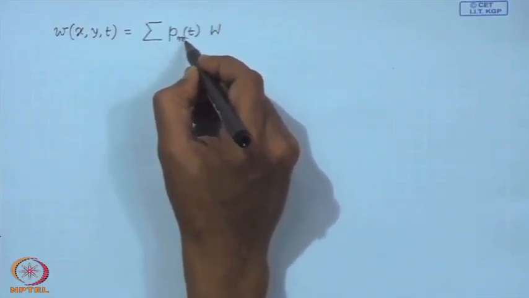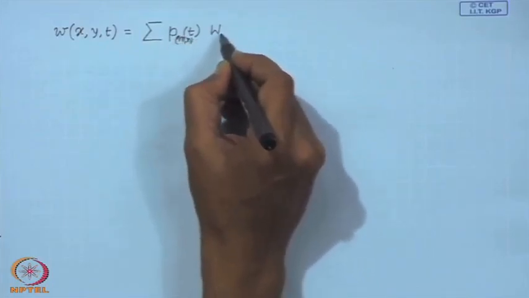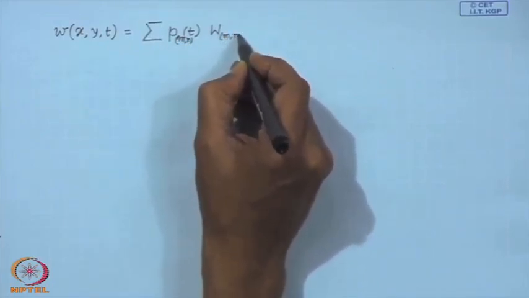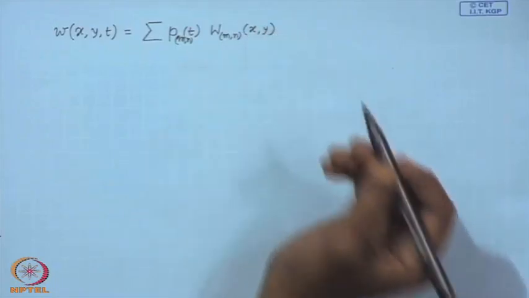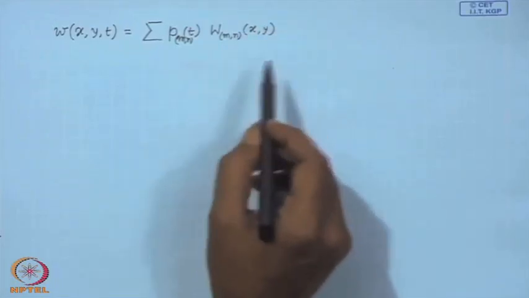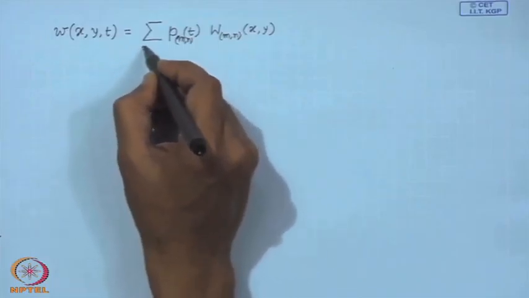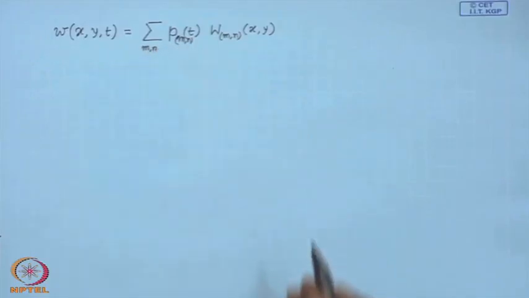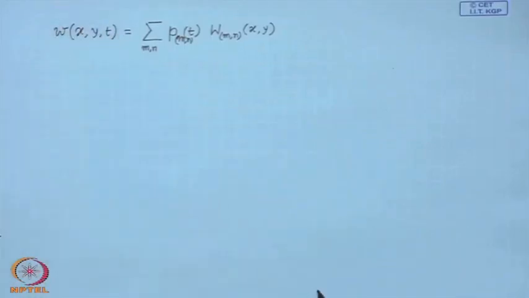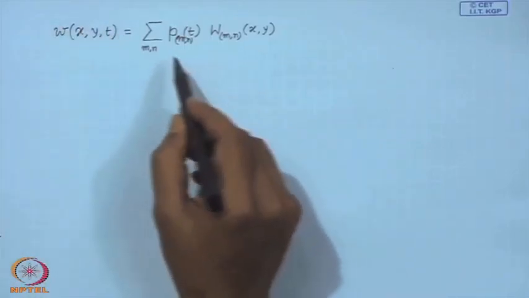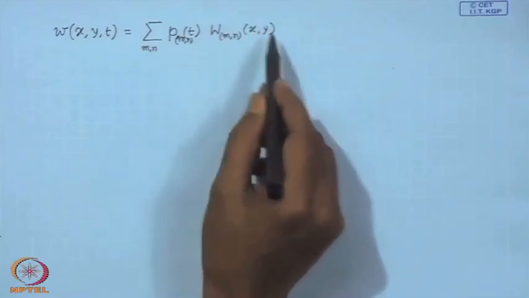There will of course be 2 indices in this form. So, we have to write the solution as an expansion in terms of some known functions.